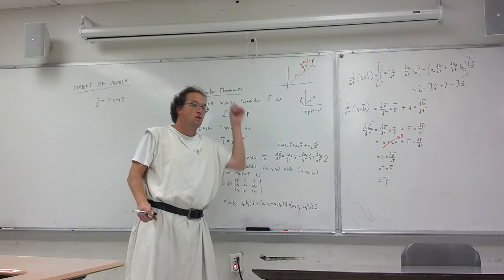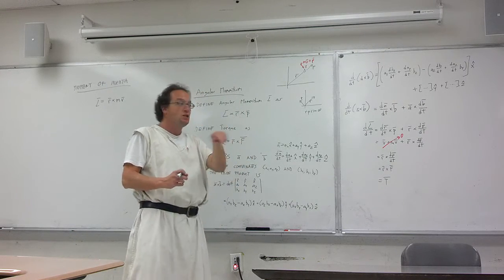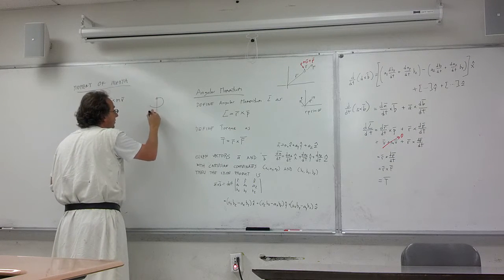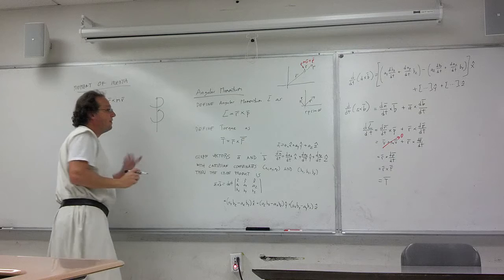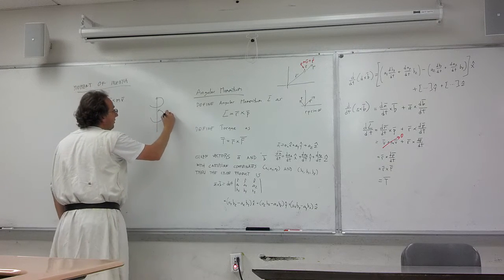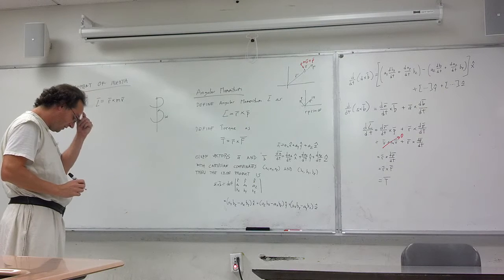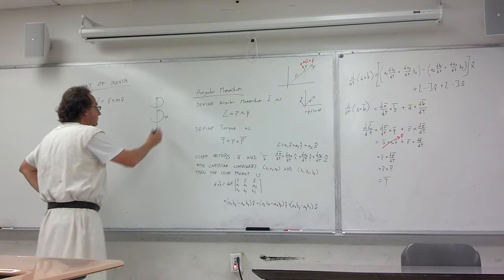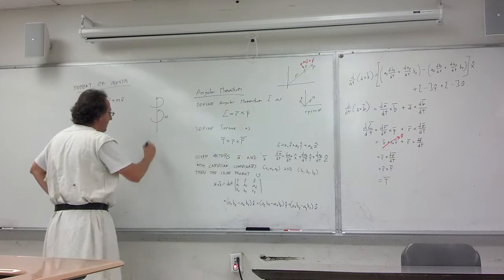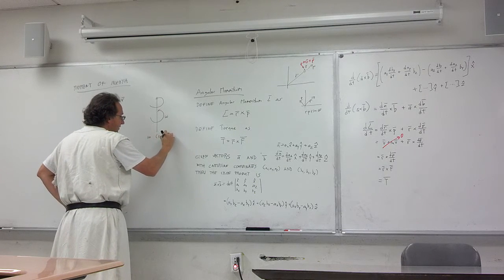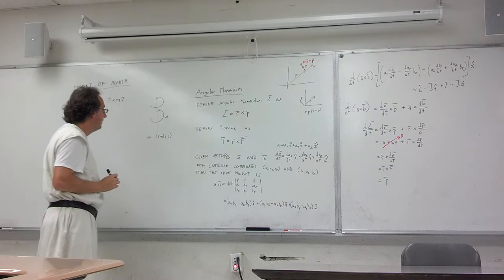I'm going to choose a rotational center. So I'm going to have a rotational axis, and I am rotating around that axis with some angular velocity, omega. Omega is in radians per second, say.